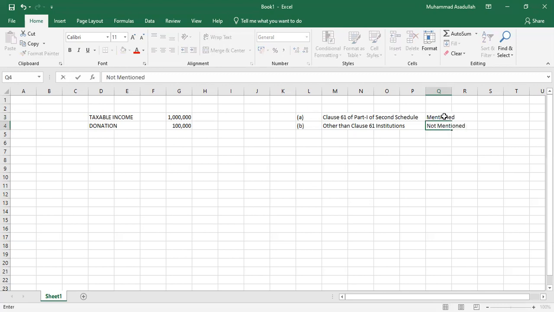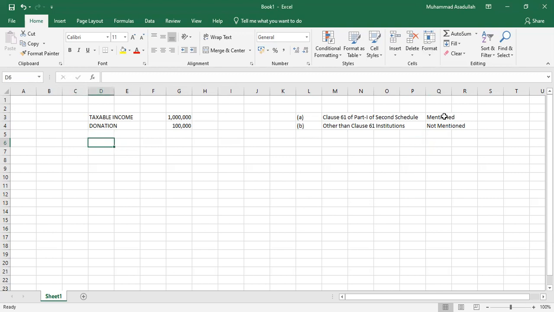If I say donation mentioned, it means that the organization's name is available in clause 61. If I say donation not mentioned, then it is an organization which is not available under clause 61 of part 1 of the second schedule. It is my treatment in my class for my students. You may choose it or not; it is under your discretion.